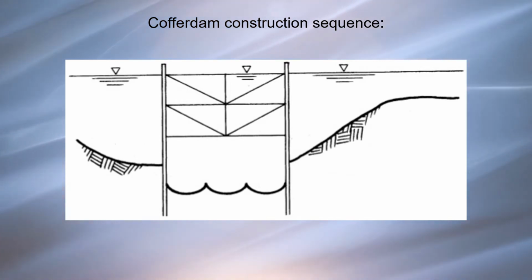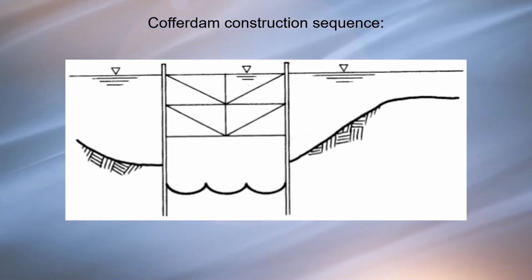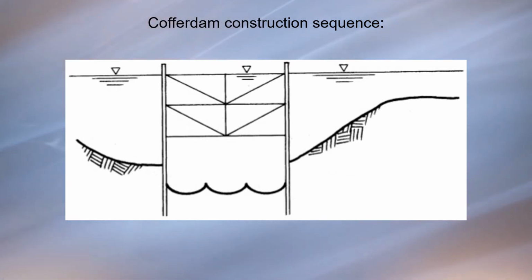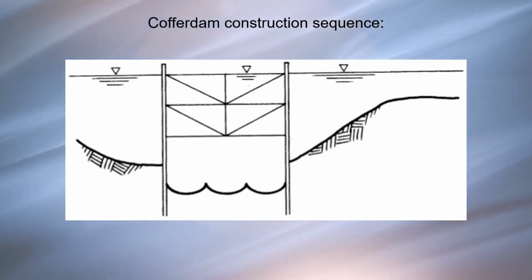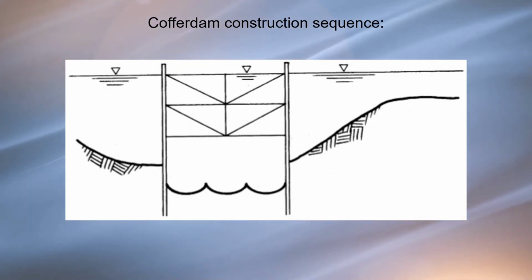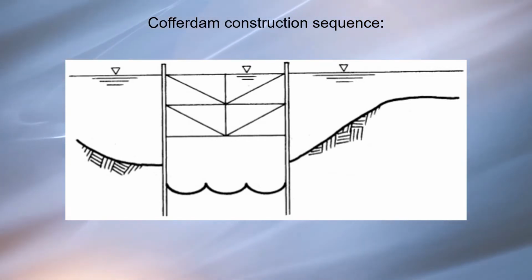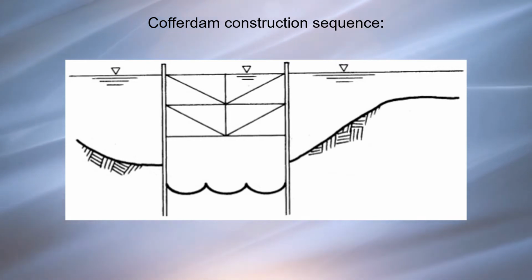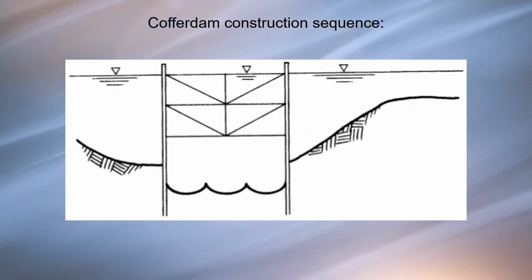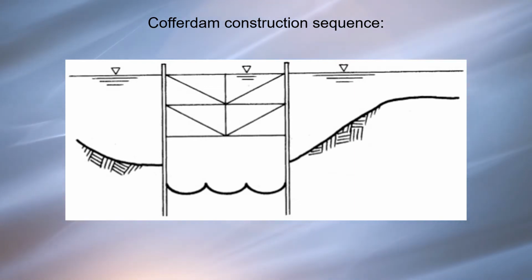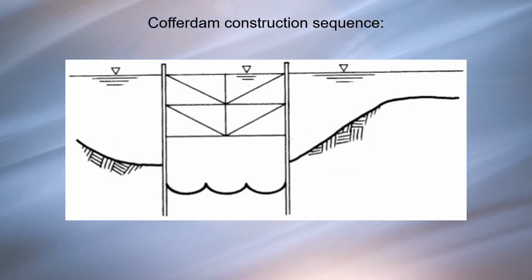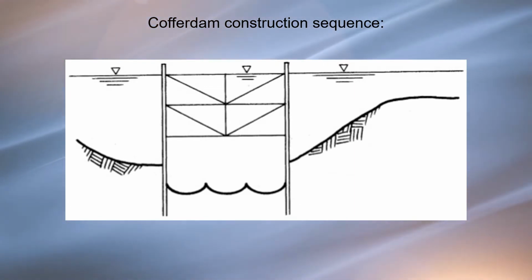Step 4. Set steel sheet piles starting at all four corners and meeting at the center of each side. Step 5. Drive sheet piles to grade. Step 6. Block between bracing frame and sheets and provide ties for sheet piles at the top as necessary.